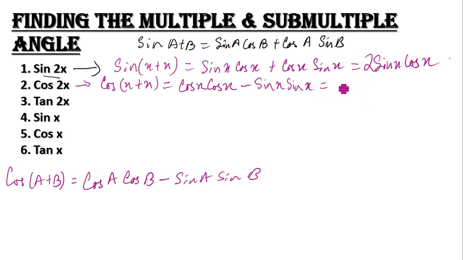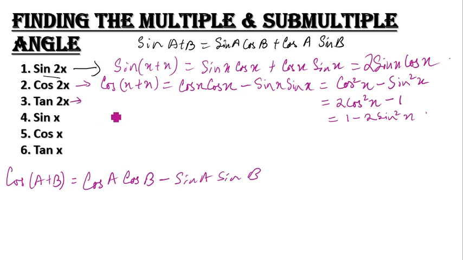So we are getting cos square a minus sin square a, which we can also write as 2 cos square a minus 1, which we can also write as 1 minus 2 sin square a. That's it.